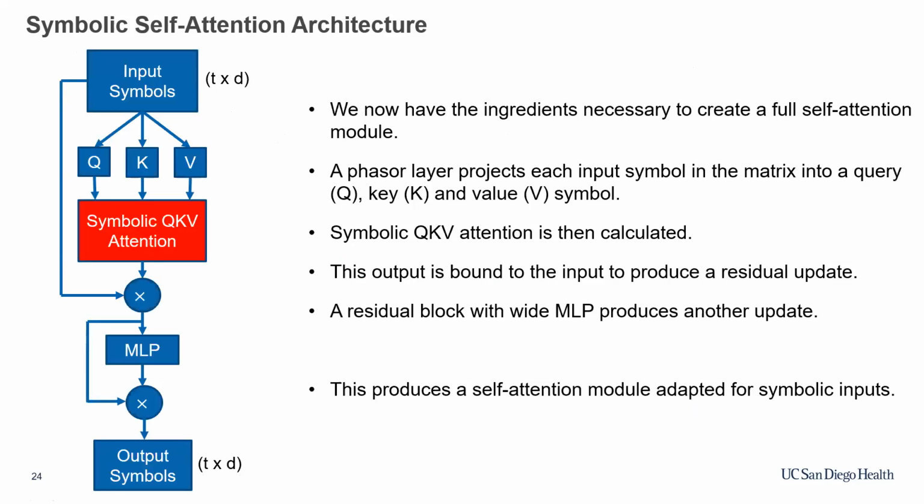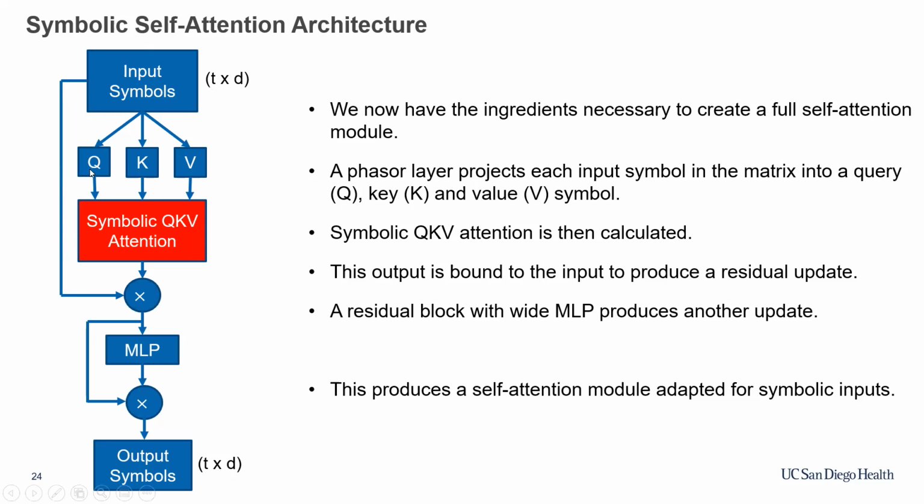So we can construct a full self-attention architecture, which is used in the transformer, to do the processing of the FHRR symbols in a way that's very similar to a neural network. To go through step by step what this little module is doing, you have this set of input symbols in a matrix.